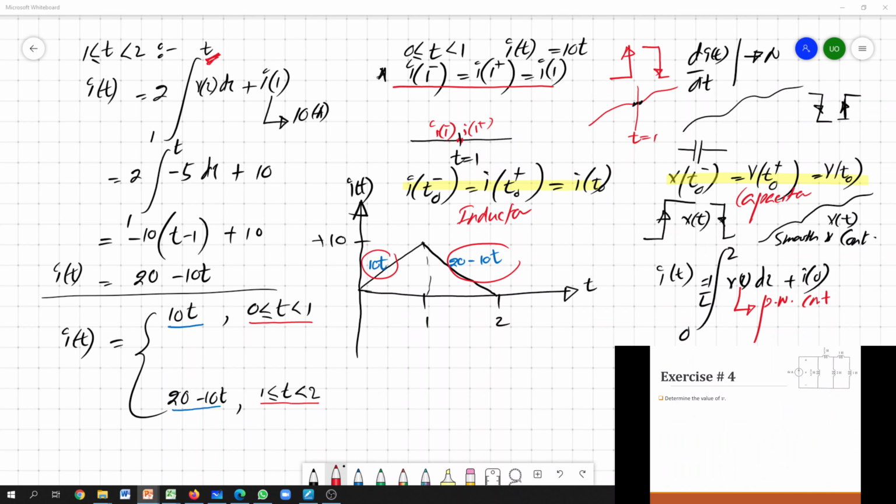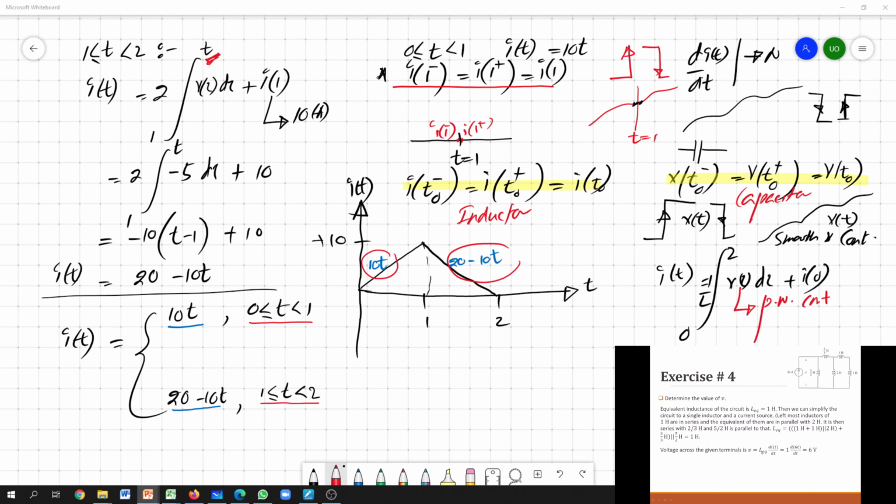If you know these two, you can simplify the combinations by looking at whether they are in series or in parallel, and then you can simplify the circuit to a single inductor or capacitor. So if you have multiple inductors or capacitors in the circuit, by identifying the series and parallel combinations, you can simplify the circuit to a single inductor or a single capacitor. Then you can manage the rest.